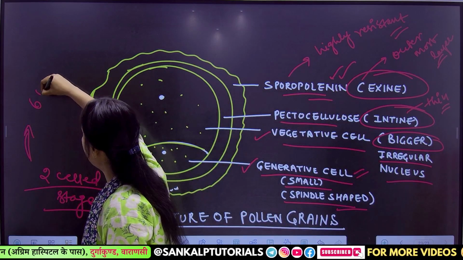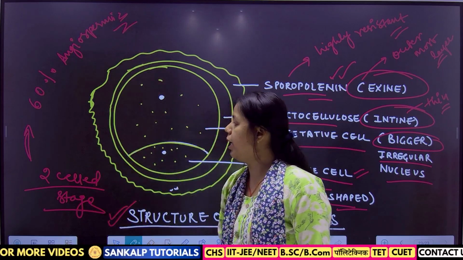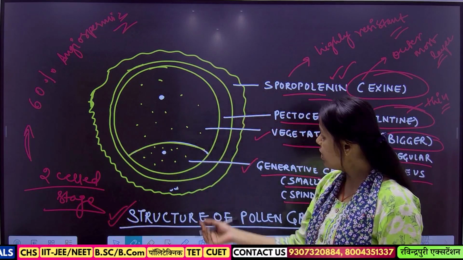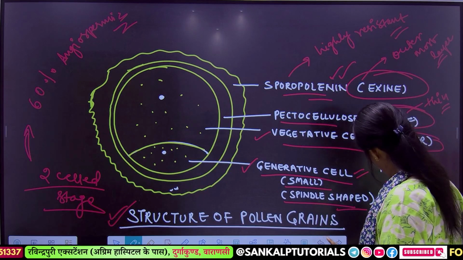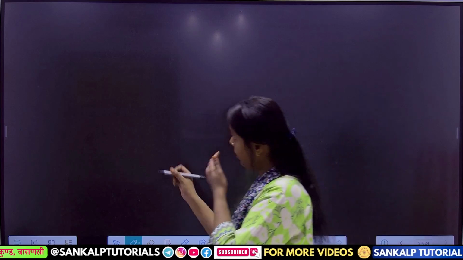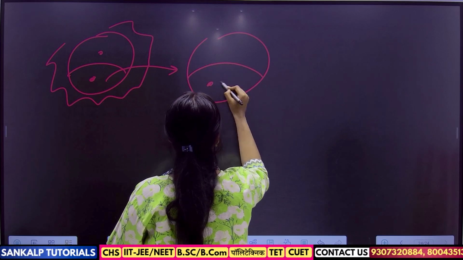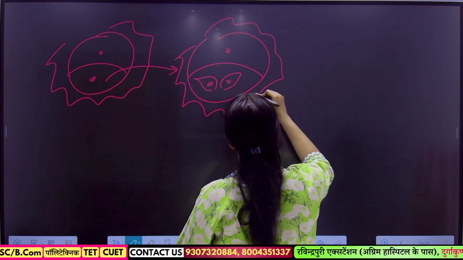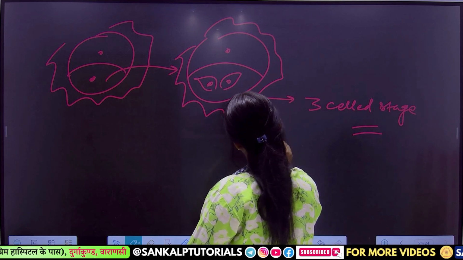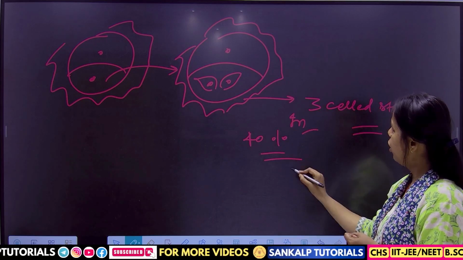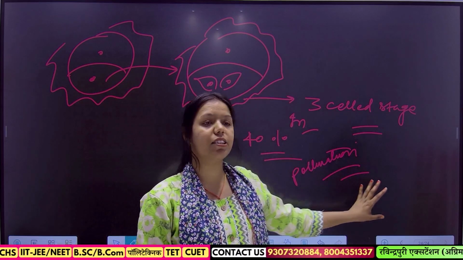That is 60% of angiospermic plants. When the generative nucleus divides into two male gametes, the pollen grain is known as the three-celled stage, and in 40% of angiosperms, pollination takes place at the three-celled stage. I think everyone is clear about that.